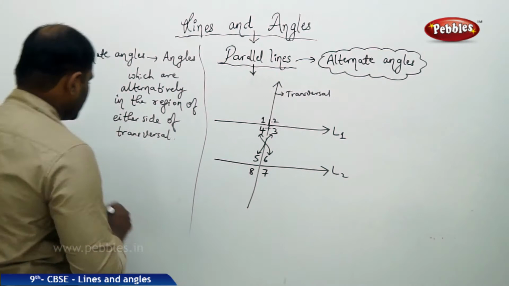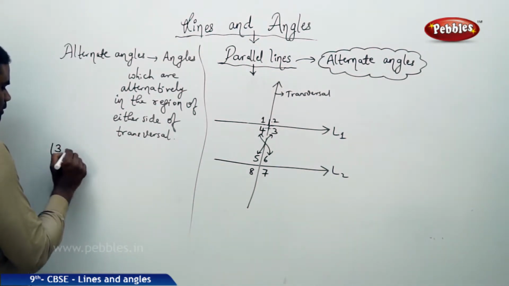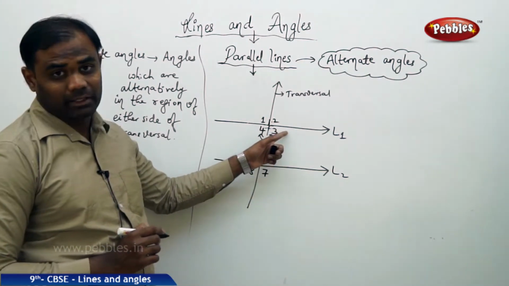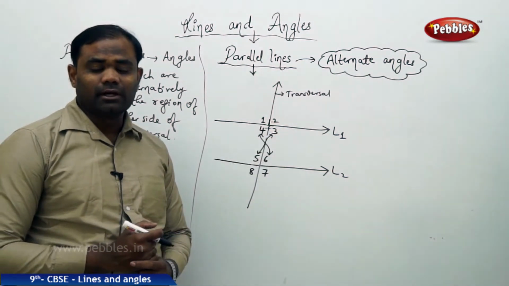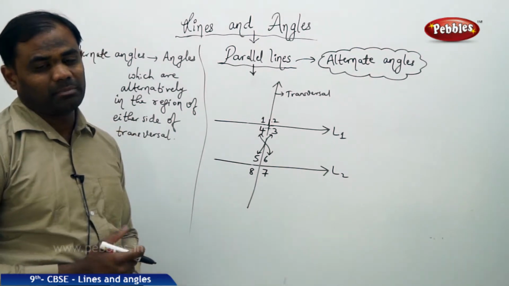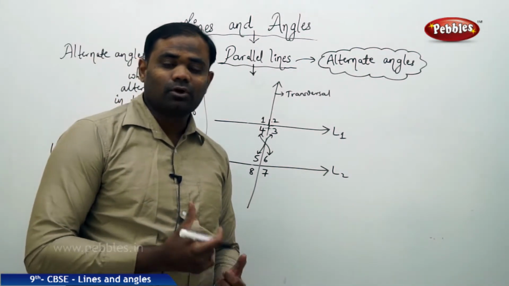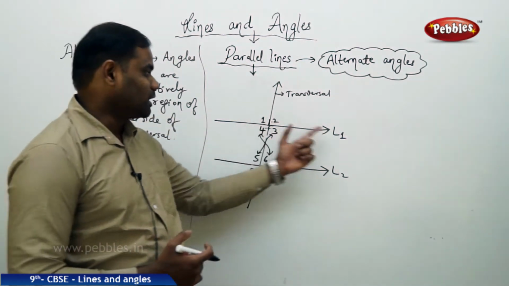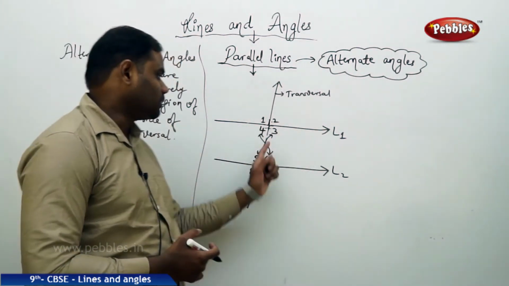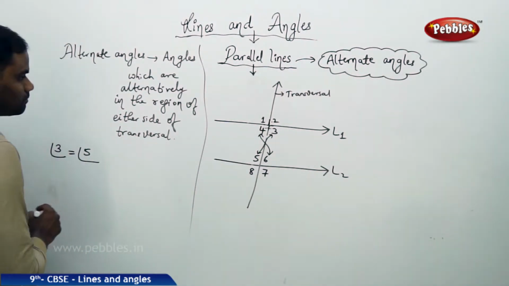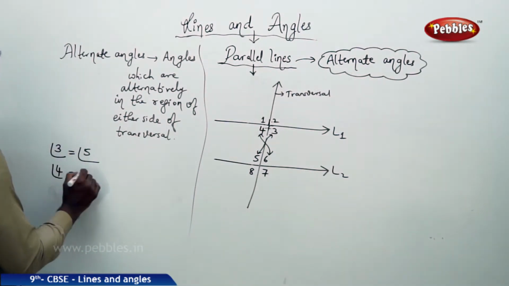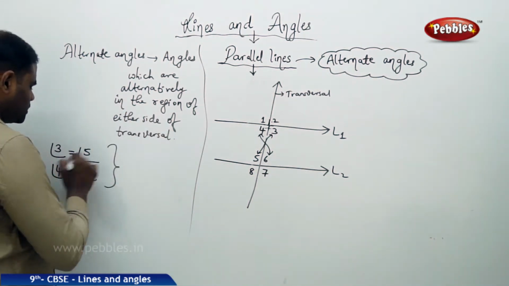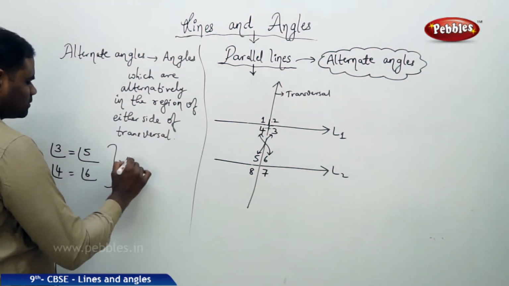So angle 3 and angle 5 are alternate angles and therefore they are equal in parallel lines. The parallel line property says that alternate angles are always equal in case of two lines L1 and L2 being parallel. Therefore, angle 3 equals angle 5, angle 4 is equal to angle 6, and these 4 angles are called alternate angles.